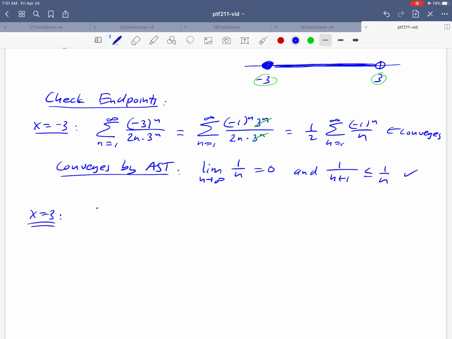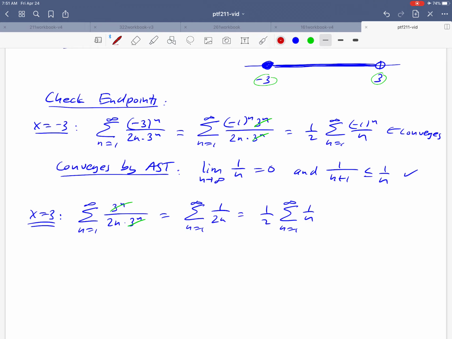If we take x equals 3 and plug it into our series, the x to the n in the top is going to be 3 to the n. Down in the bottom we're going to get 2 to the n times 3 to the n. Do some cancellation again. This time what we wind up with is 1 over 2 to the n, and if we take the 1/2 out, we've got 1/2 times the sum from 1 to infinity of 1 over n.